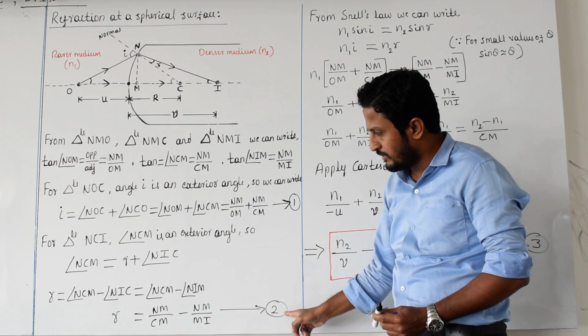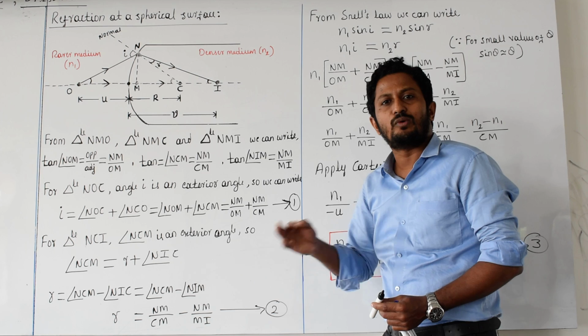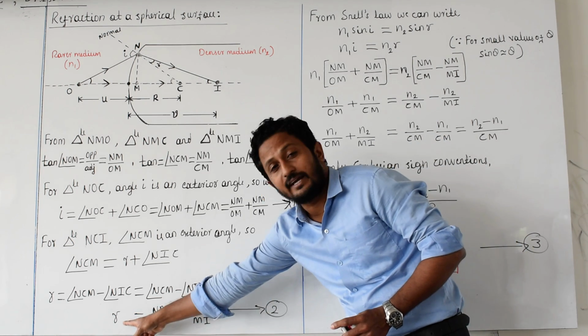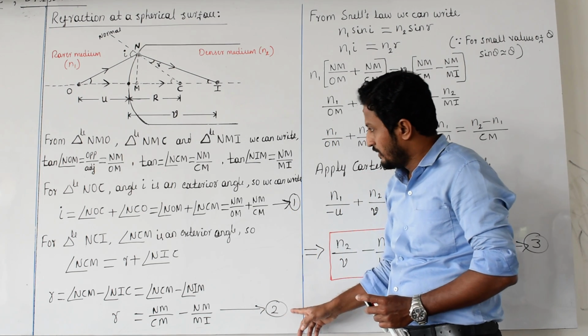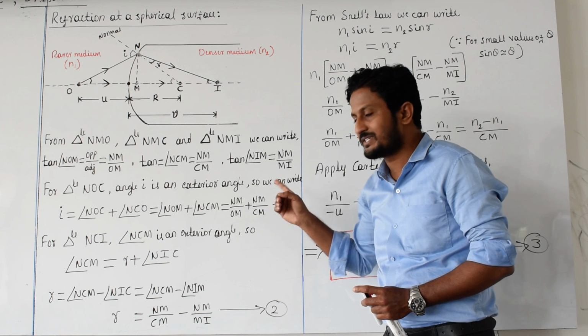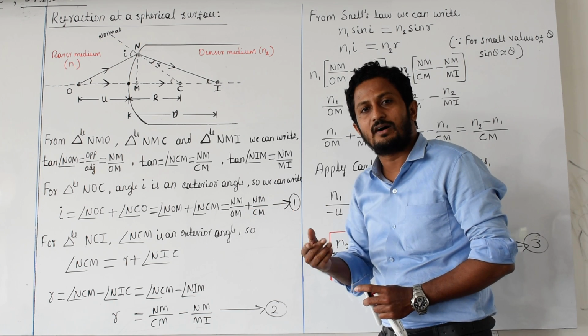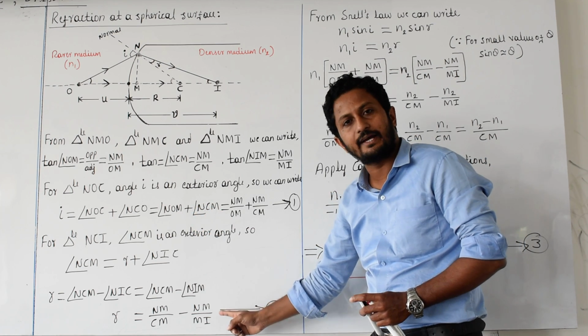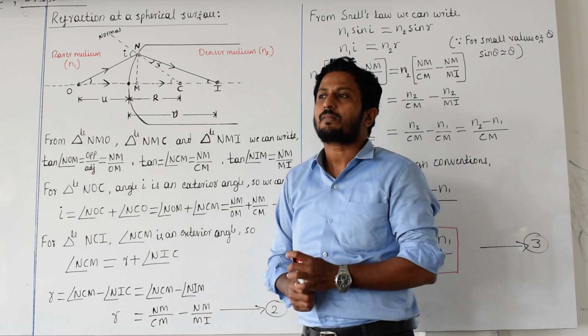This equation number 2 is giving the value of the angle of refraction. r is the angle of refraction. What is equation 1 telling? Equation 1 is telling the value of the angle of incidence. Angle of incidence, angle of refraction.